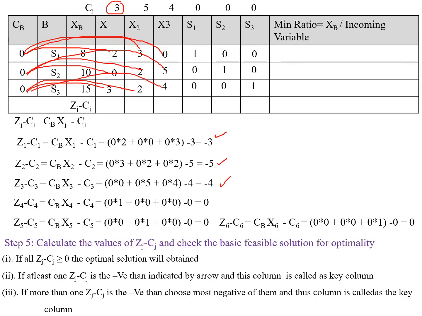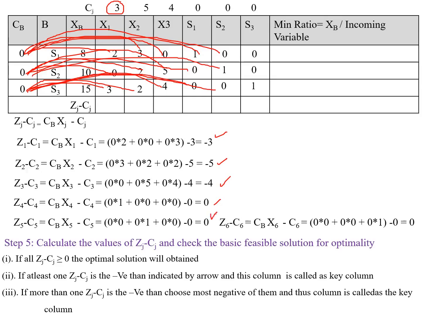Next for the S1 variable, that is Z4 minus C4. This value will become 0 into 1 plus 0 into 0 plus 0 into 0 minus 0. Answer is 0. And next for the S2 variable, that is Z5 minus C5. It is 0 into 0 plus 0 into 1 plus 0 into 0 minus 0.